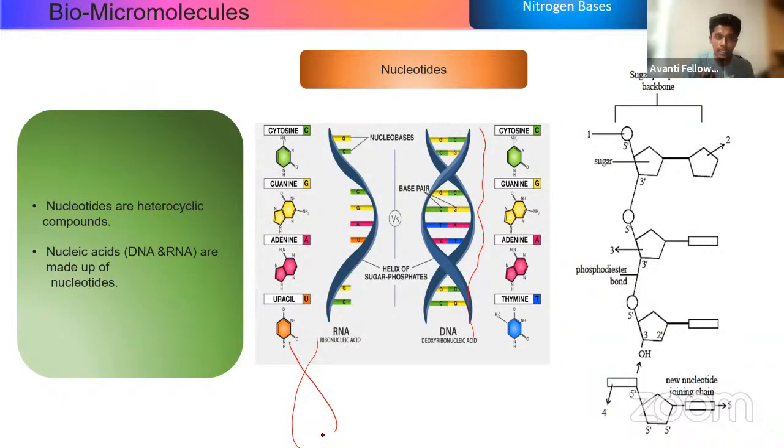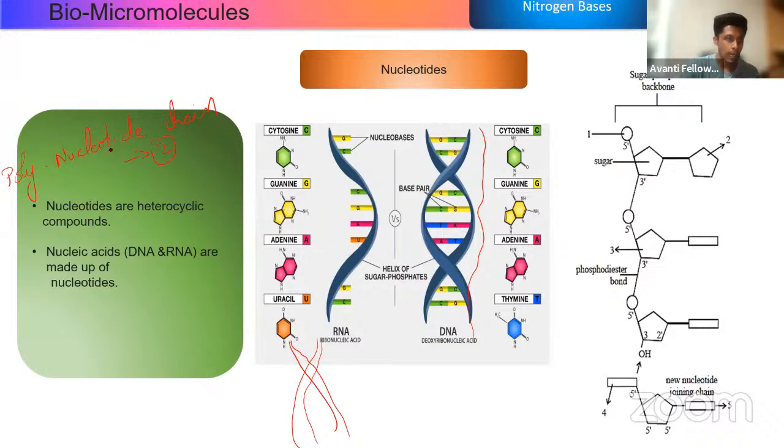If you consider the structure of DNA, it is made up of two chains. This is one chain and this is another chain. Since it is made up of two polynucleotide chains, poly means many, it takes two polynucleotide chains to form one DNA molecule.